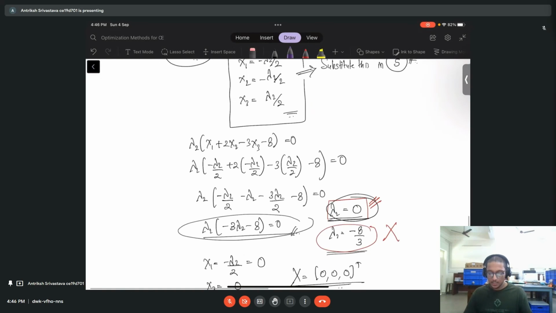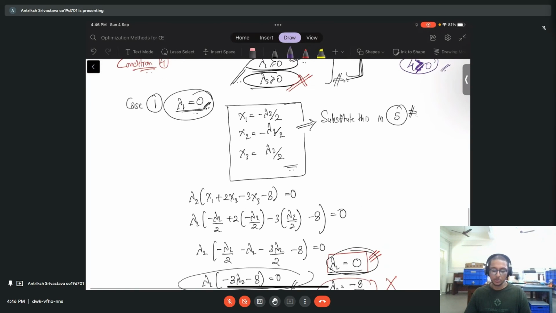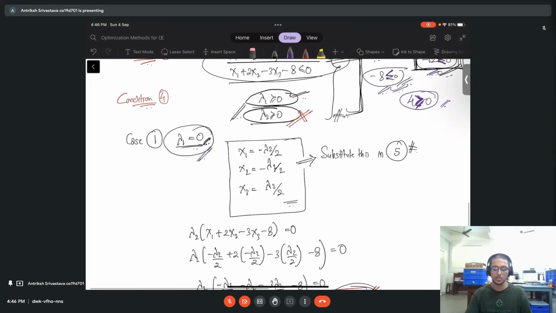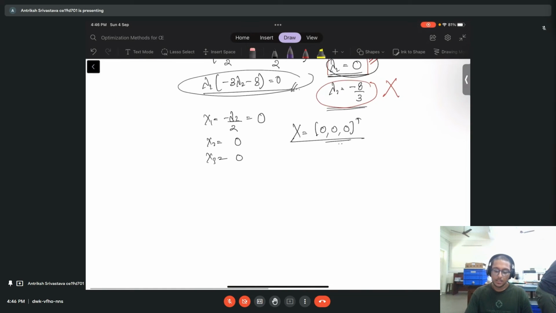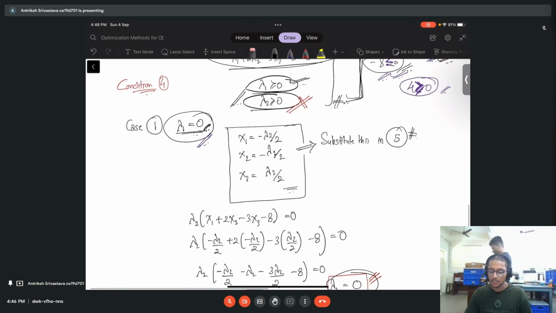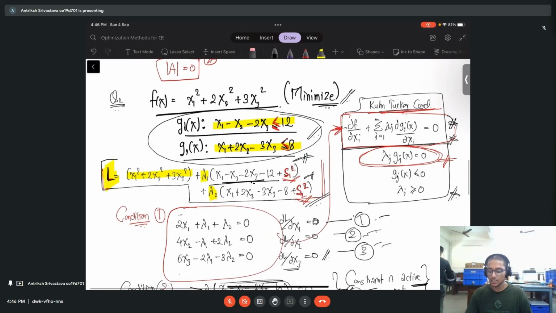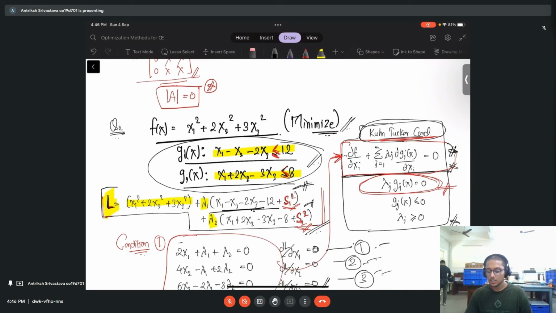But how do we know this is the solution? Because we have only explored one of the cases. We have not explored the other possibility. So we will first explore that, and we will check which one is going to give the minimum value of f, because you have to remember, Kuhn-Tucker conditions are not sufficient conditions, they are necessary conditions.